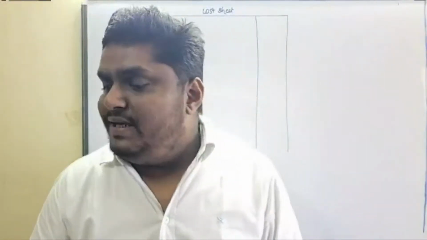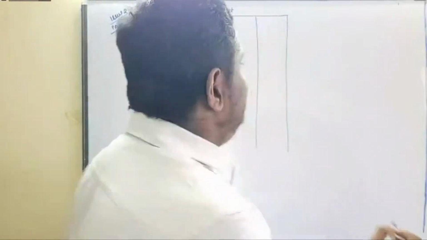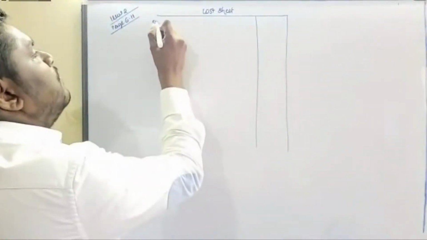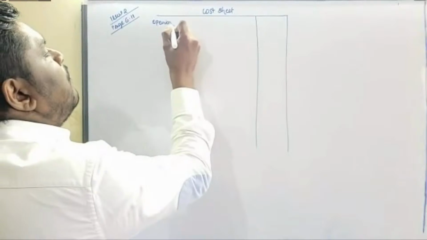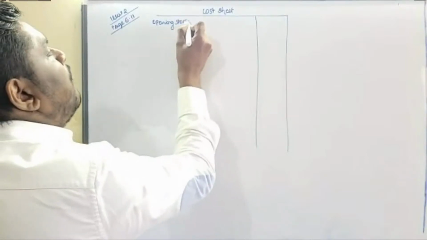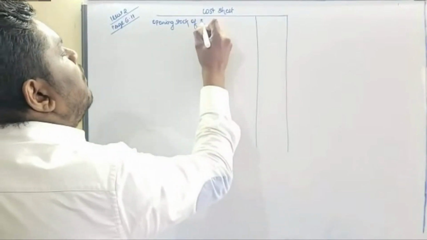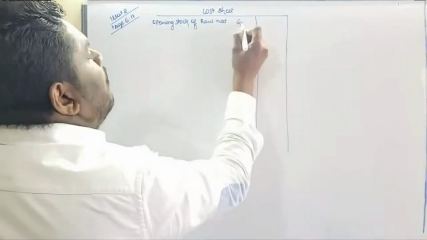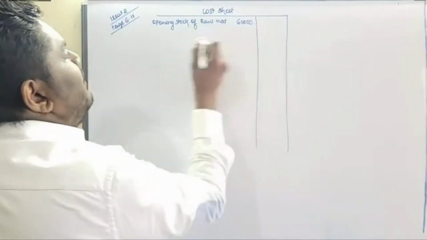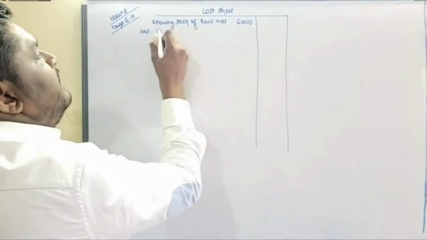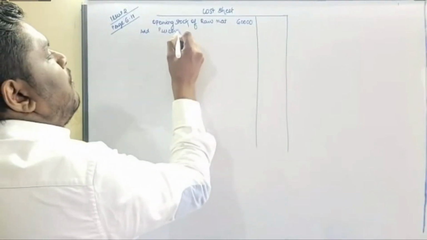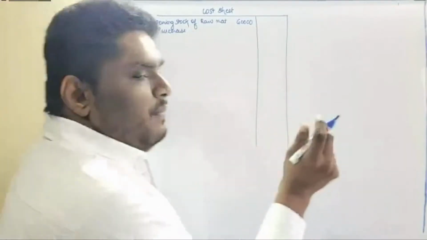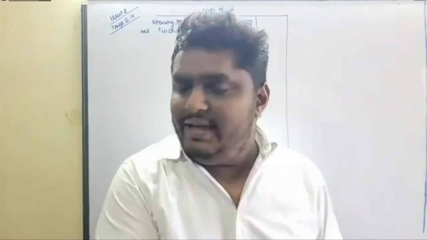So here the opening stock of raw material is given, that is 60,000. We will add purchase of raw material. The purchase price is given, that is 4,80,000.